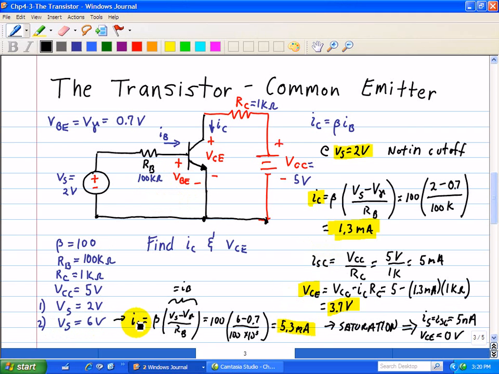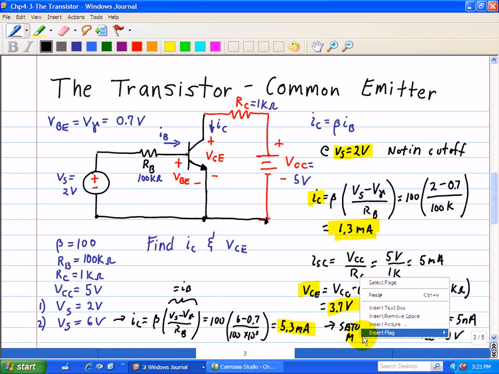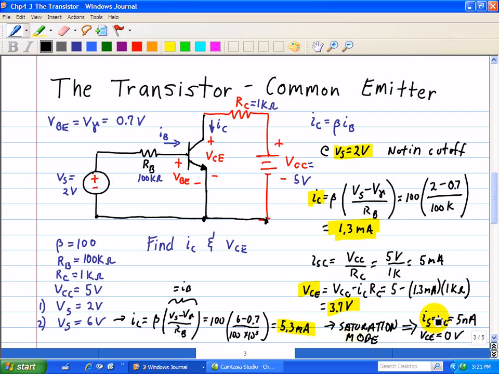However, IC, according to these calculations, exceeded the short circuit current of 5 milliamps, which we calculated to be 5.3 milliamps for Vs equal to 6 volts. That implies it's in saturation mode, which implies that IC is equal to ISC, the short circuit current, equals 5 milliamps, and that VCE is equal to 0 volts.